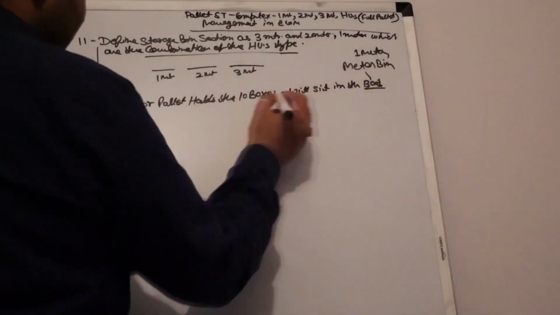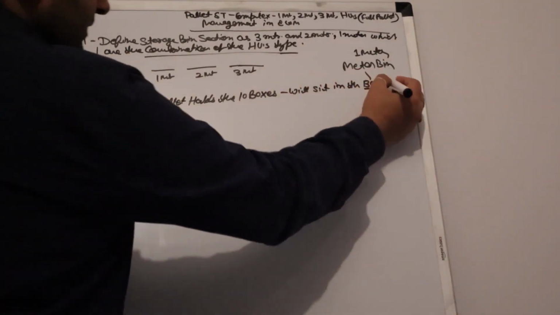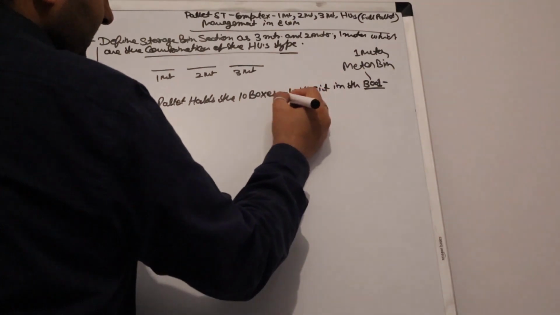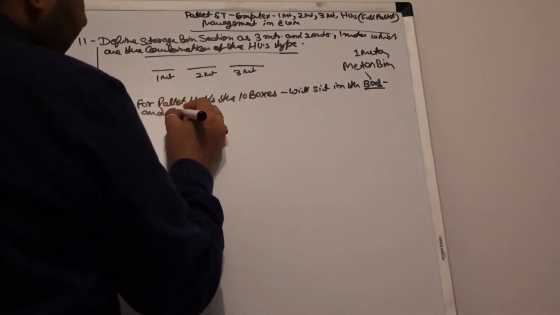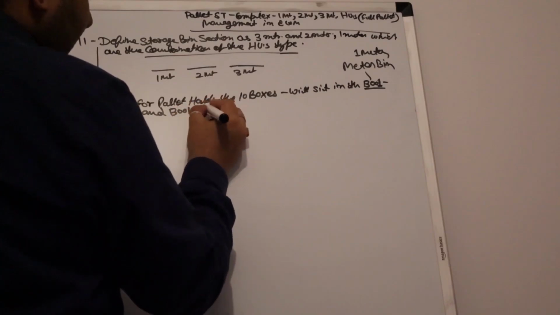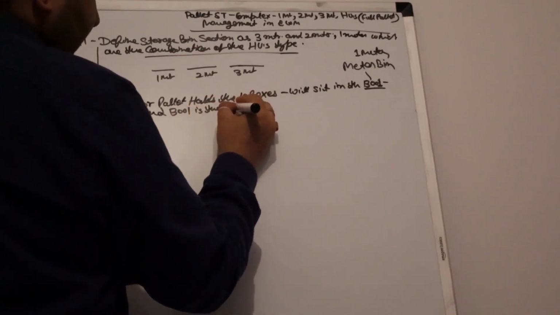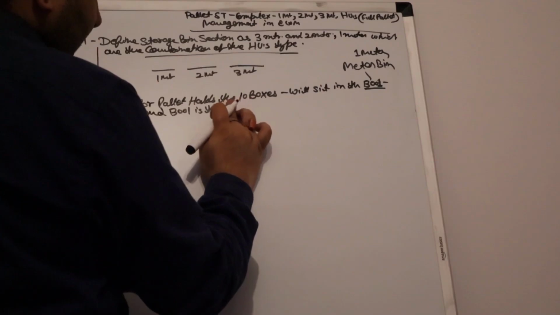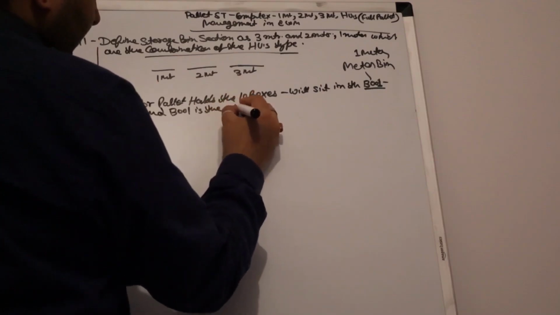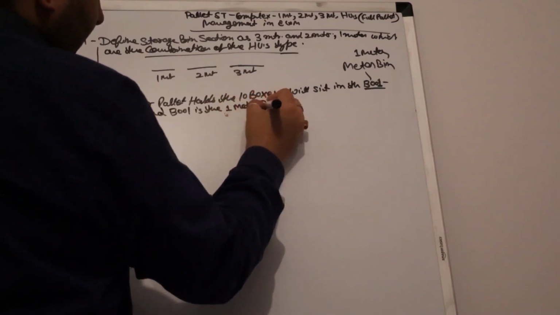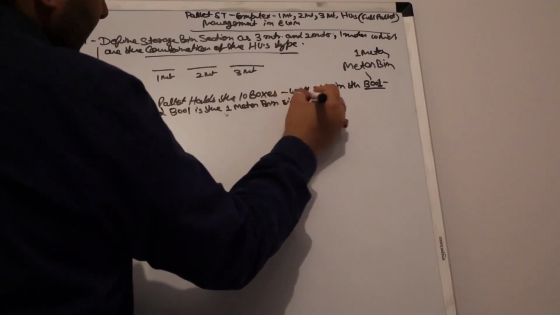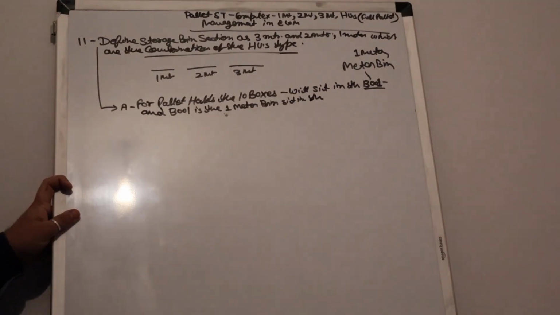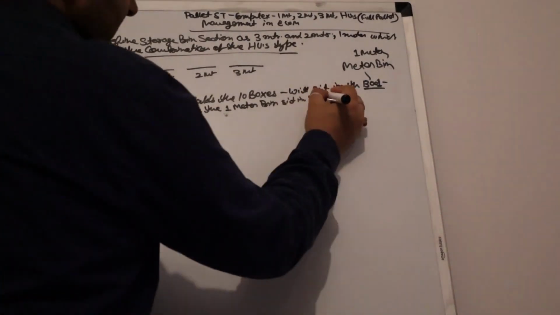So this is the storage bin, and B001 is the storage, for an example, 1 meter bin, sitting in storage section 3.